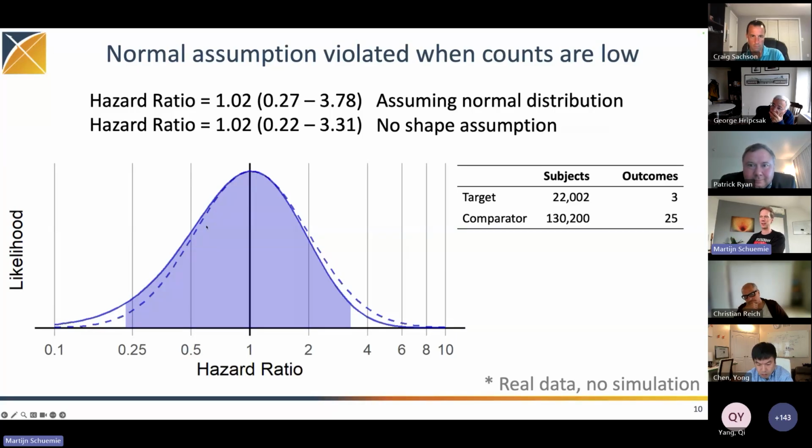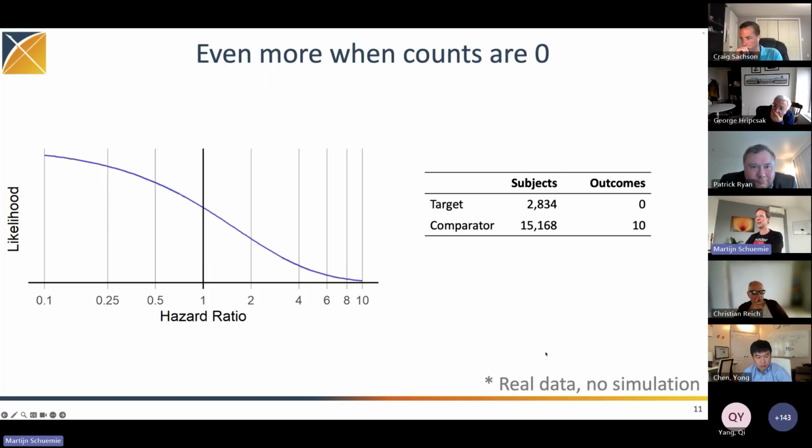And what then happens is that normally when you say I have a point estimate with a confidence interval, you're assuming that the likelihood of where the true hazard ratio is normally distributed, here indicated by this dashed line, where in fact the actual distribution could be a little bit off from this normal distribution. It actually could be far off, as I'm already showing you here. There's a disagreement between the two lines. And this is actually real data from a real study, so this is not made up.